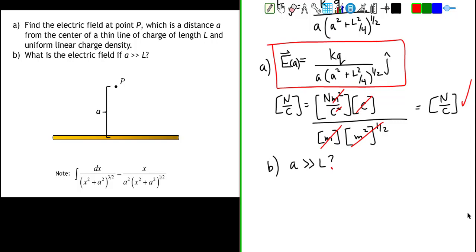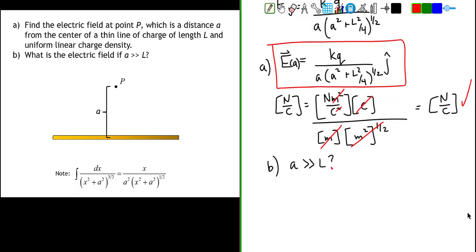Imagine you're looking at something, maybe you're looking at a car. When you're standing right next to the car, it has a size, the car has a shape. But as that car moves further and further away, it gets smaller and smaller and smaller.